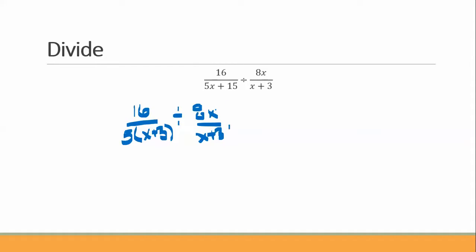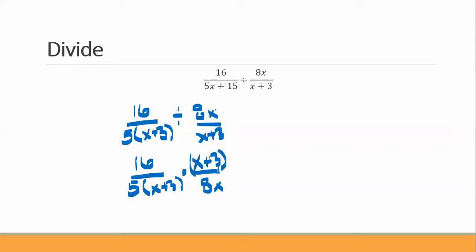Now we want to take the reciprocal of the second fraction, so that's 16 over 5 times x plus 3, times, when we take the reciprocal, we change it to multiplication, x plus 3 over 8x.